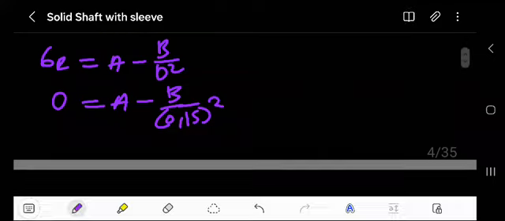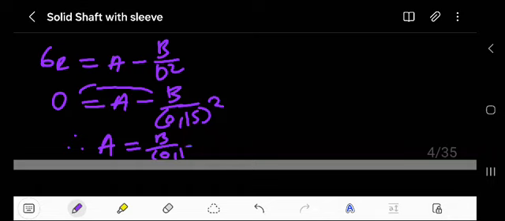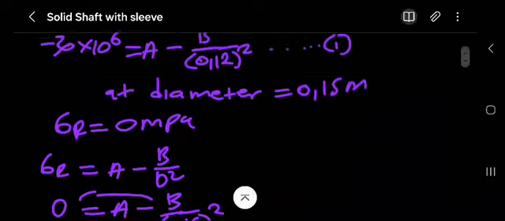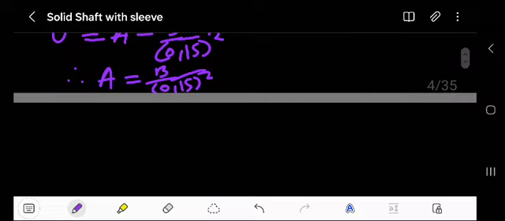So we can make a the subject. If you make a the subject, a will be simply b over 0.15 squared. That is our a.